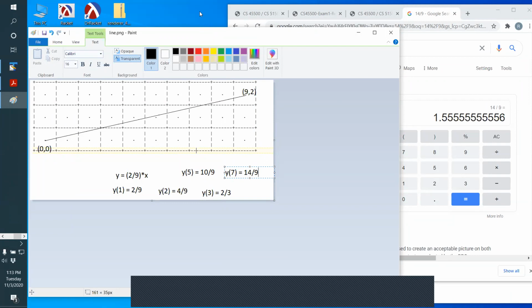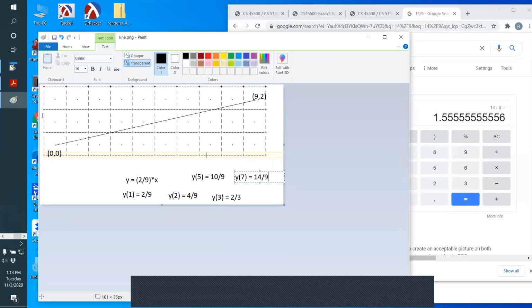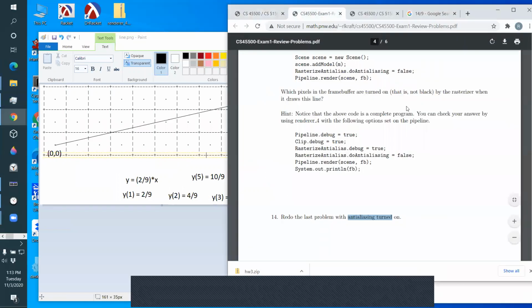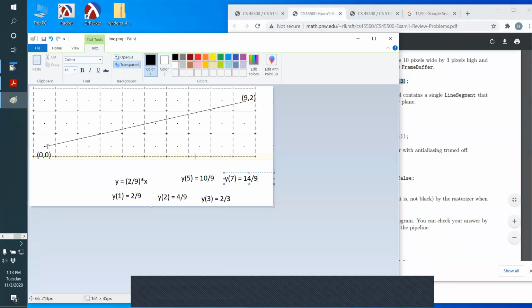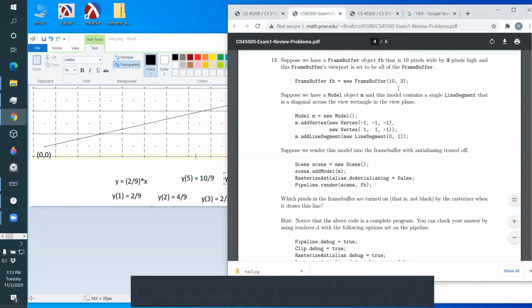Yeah, and the key is, if we got the picture of the window. So back in this problem, if we visualize it, we actually build that frame buffer. There's that frame buffer, 10 rows by 3 rows of pixels. We know that this one is the lower left-hand corner. That's how I made the problem supposedly easier.